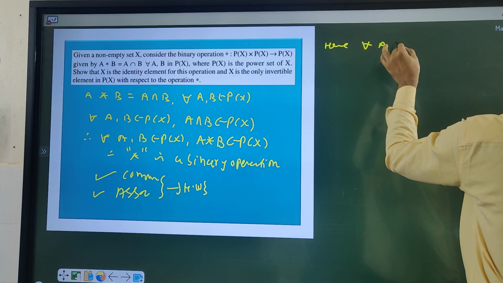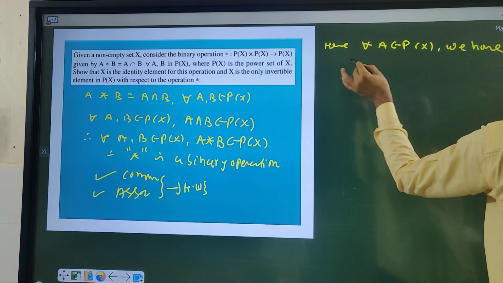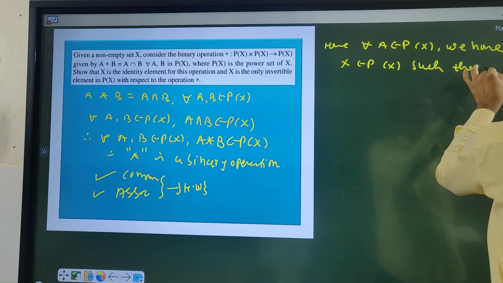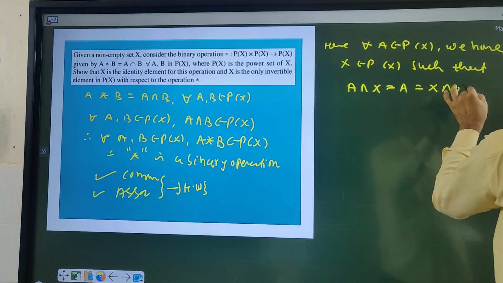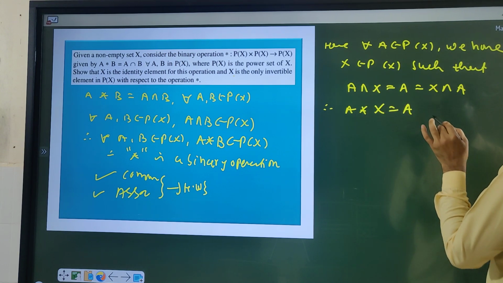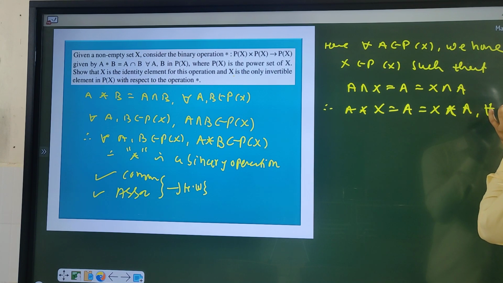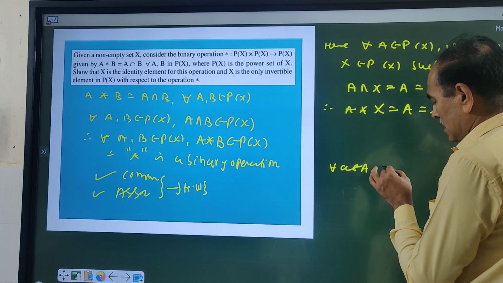For all A belongs to P(X), we have X belongs to P(X) such that A intersection X is equal to A is equal to X intersection A. And therefore, A star X is equal to A is equal to X star A for all A belongs to P(X).